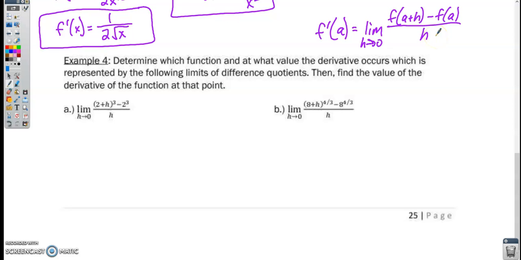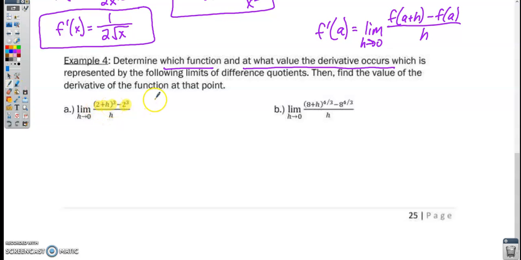So if we're trying to determine which function and at what value the derivative occurs in these, I can really use some information here to get me on my way. First of all, I can see based off of this difference quotient that this is something raised to the third power.